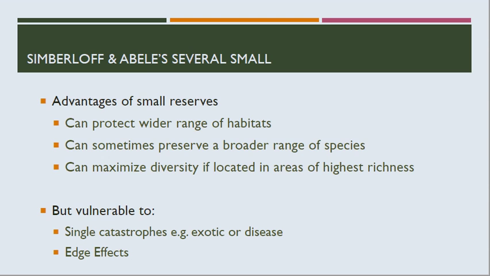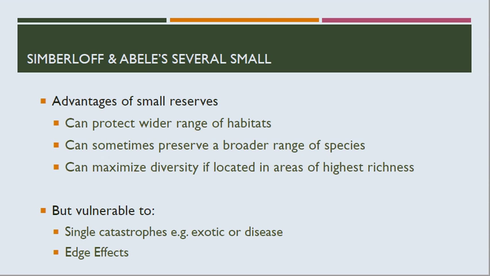But their downsides are the strengths of the single large reserves. Catastrophes can have a disproportionate effect on the smaller populations which would exist in the smaller reserve areas, and edge effects are going to have a big influence on these small reserves.